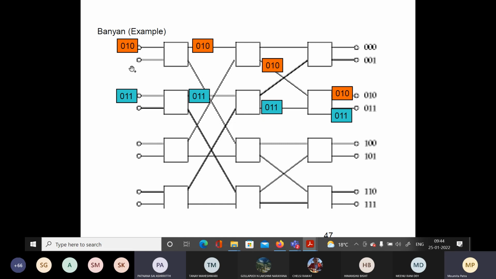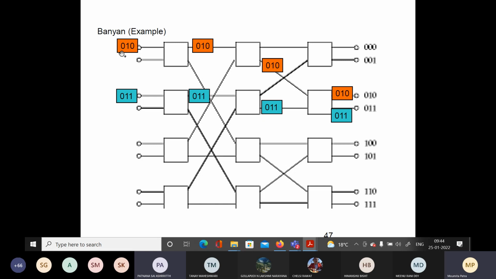Alright, so what do we know in Banyan circuits? We convert the output port number in binary. And what do we know? The switching element will check which stage it is in. If the switching element is at the ith stage, then it will check the ith bit of this tag.